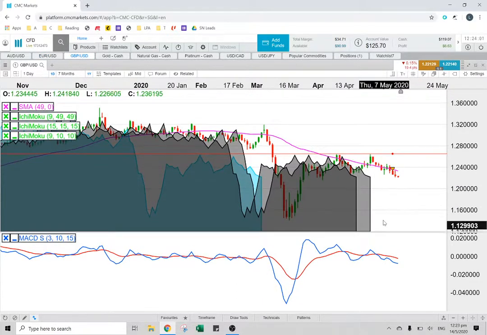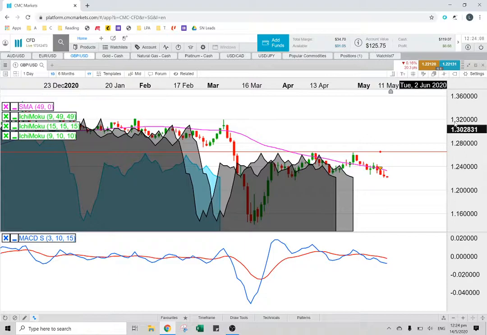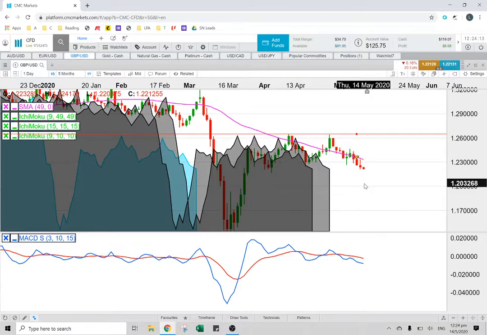For pound, which is what we are currently in position, making a little bit of profits. Let's see. Downtrend, and over the next couple of days, we will be seeing that it will start to take off to higher numbers. We would be looking at the trend line starting to get a bit flatter.